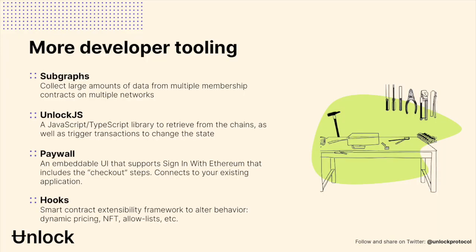Another useful developer tool that we have introduced is called Unlock.js. This is a JavaScript and TypeScript library that retrieves data from the chain. So you could use that instead of the subgraph, but it also includes the ability to trigger transactions to change the state of the chain. It is based on Ethers.js.